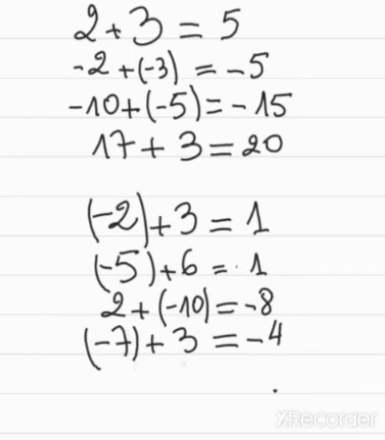Losing 7 and then winning 3, so the loss decreases. I lost only 4 because I won 3. We can follow this logic, but you can do whatever you want, as long as you get the results.